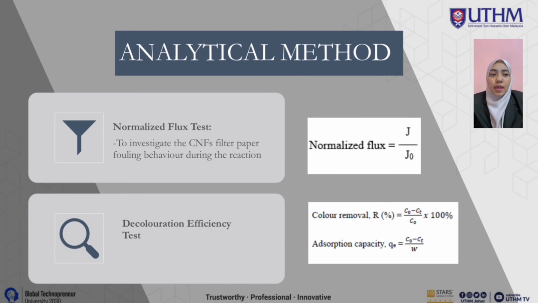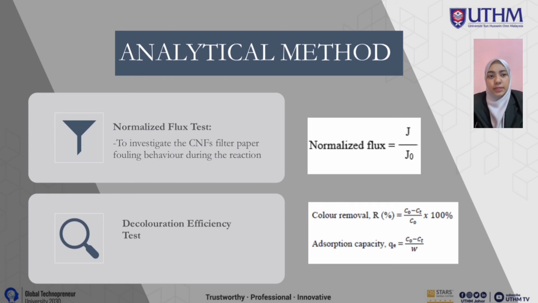In this section, there are two analyses which will be undergone for the clean water matrix. The analytical methods involved are the normalized flux analysis and decolorization efficiency. The normalized flux analysis investigates the fouling behavior of the CNF filter paper during the reaction in the cross-flow filtration system, using the equation above.